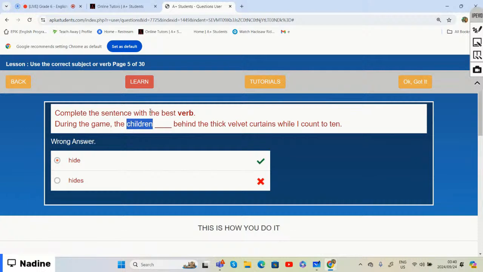Then it needs to agree with our plural verb, right? And our plural verb does not end with an S, an ES, or an IES. If we make mention of one person, one animal, one place, or one thing doing an action, then it ends with an S, ES, or IES. Do we understand?